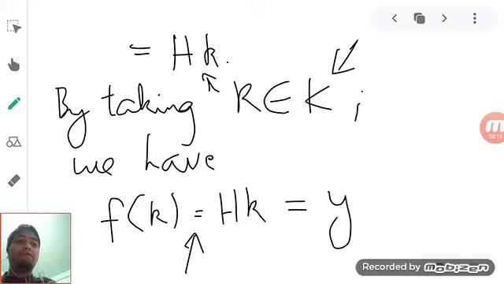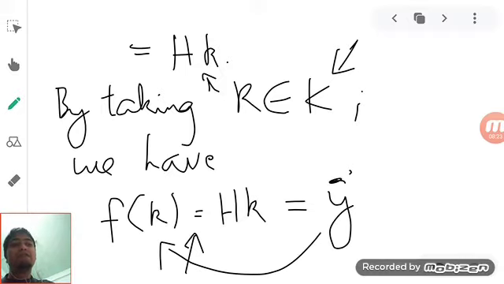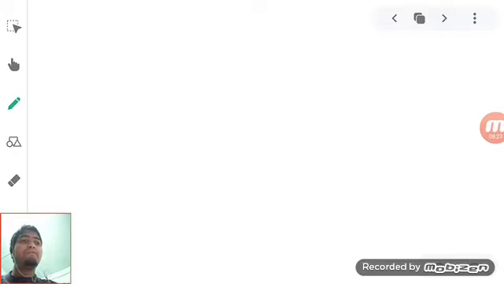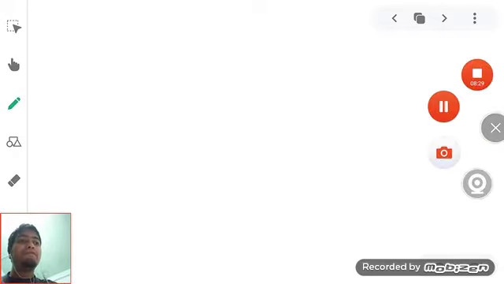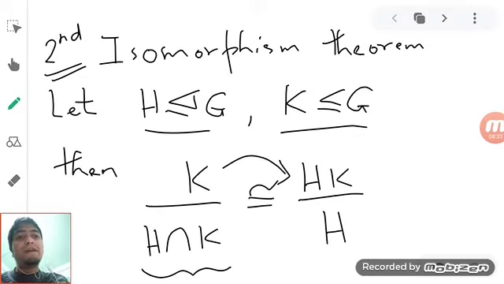So it's equal to y. So we can find an element k that is a pre-image of this y. Hence, it is onto. Next, what we will do is this. We have managed to define a function that is onto and a homomorphism.